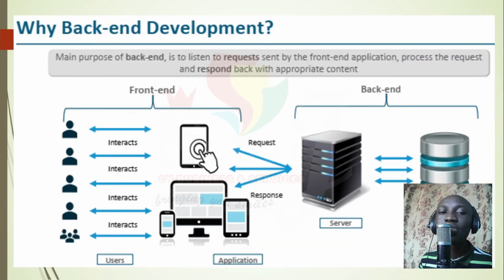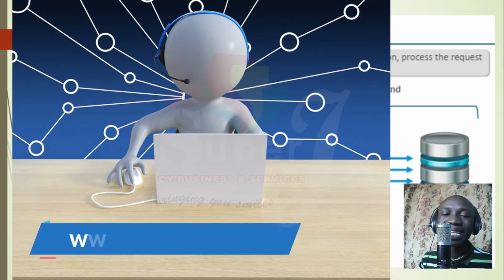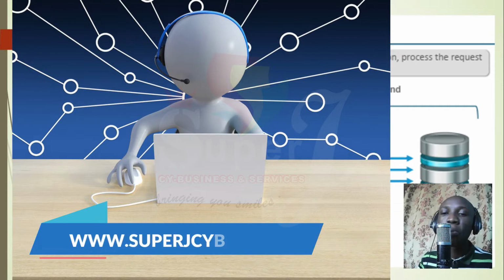Amazing. So why back-end development? Why the need for back-end development? The main purpose of back-end is to listen to the user's request. So what is the user trying to look for on the internet? And then once it is found, it is sent onto the front-end application. It processes the request and then responds back with the appropriate content.